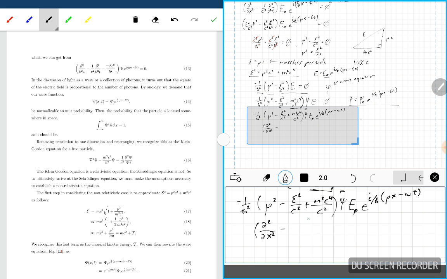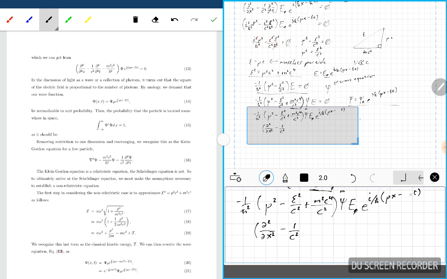My second one, I know exactly where this one came from too, because this is something that we did before. So I would have my 1 over c squared, of course, because that just stayed out there. And then that one is going to be omega squared. Oh, whoops.